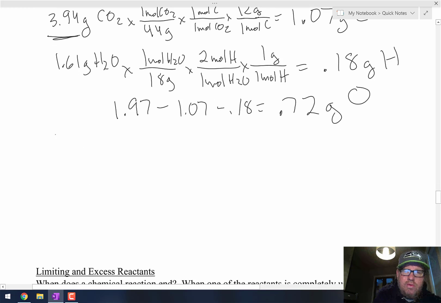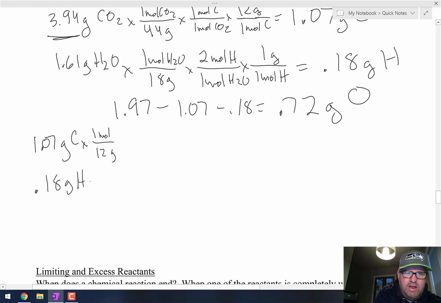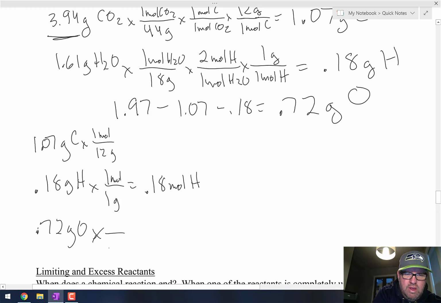So now we do the percent to mass, skip that part, mass to moles. So 1.07 grams of carbon, 12 grams in 1 mole, 0.18 grams of hydrogen, 1 gram in 1 mole. Hydrogen's always easy because it's always the same number. And 0.72 grams of oxygen, and oxygen has a molar mass of 16 grams per mole.